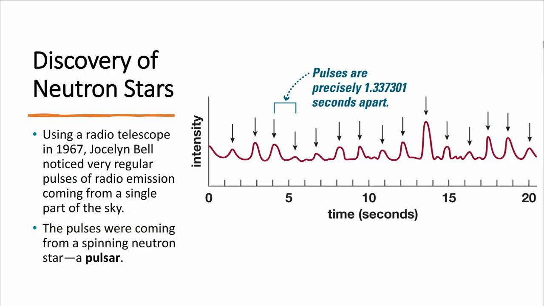It was always this very precise timing between the pulses. The way that you can get something pulsing in space is to have something rotating. We'll see the math that you do in a moment to calculate what this must be, but it turns out that these are the pulses of a rotating neutron star. And if the neutron star is pulsing, then we call it a pulsar.